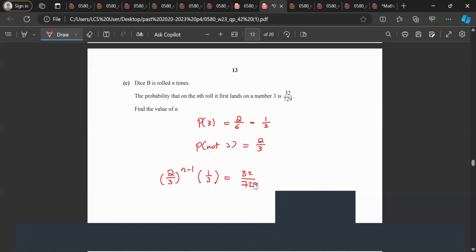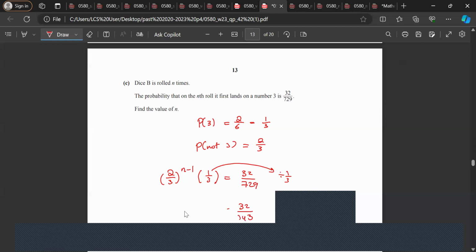And now you can do it however you want. Okay? You can use shift solve, or I can send this to the other side by dividing. So 32 over 729 divided by 1 over 3 will be 32 over 243.